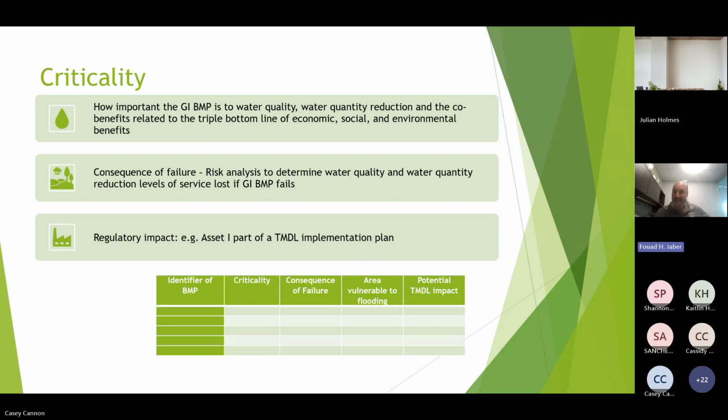She talked about some of these, but some examples that could be seen: if the asset is on a main street, like the ones on Hickory Street, then even their appearance matters. Even if they're infiltrating amazingly, if they look completely dead and terrible and result in negative reaction from the public, then that's a high consequence of failure.